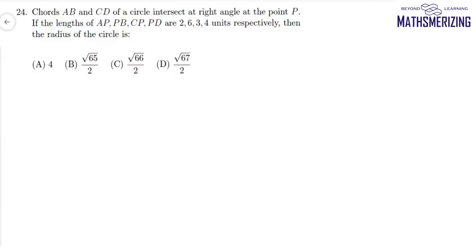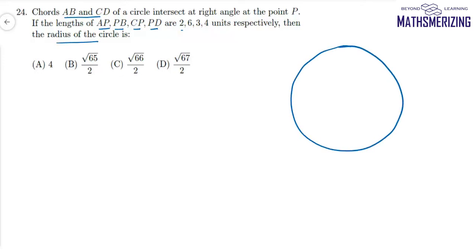Now in question number 24, it says, chords AB and CD of a circle intersect at right angle at point P. The lengths of AP, PB, CP and PD are 2, 6, 3 and 4. We'll need to find the radius of the circle. So I'll take a circle and then I'll take 2 perpendicular chords.